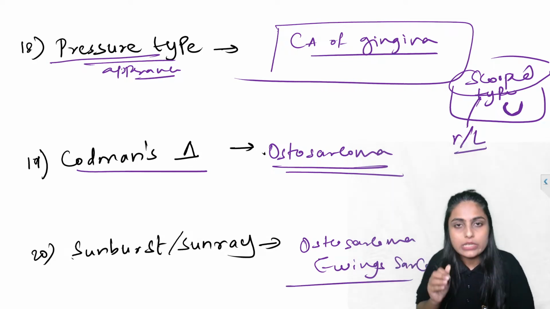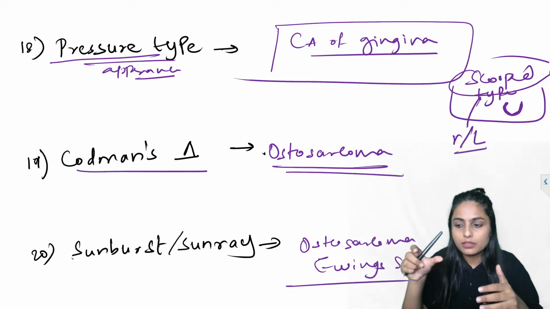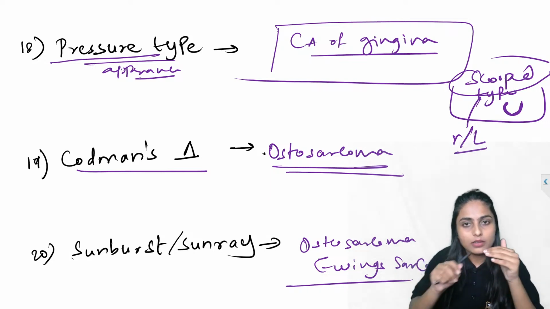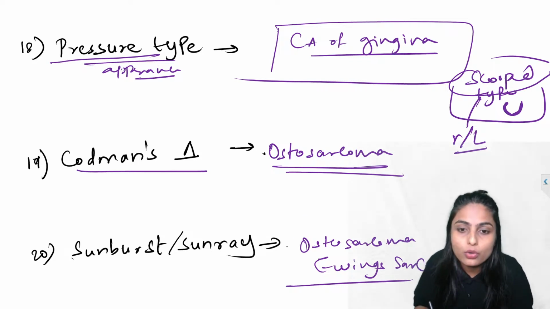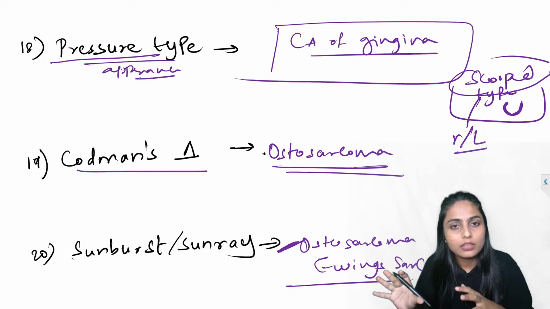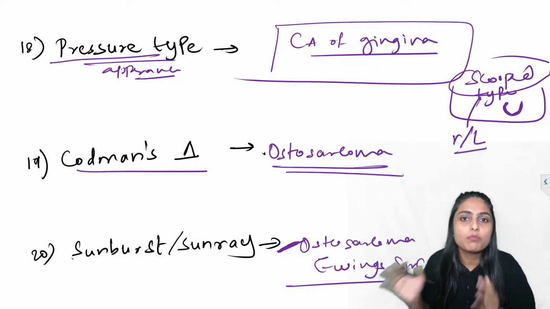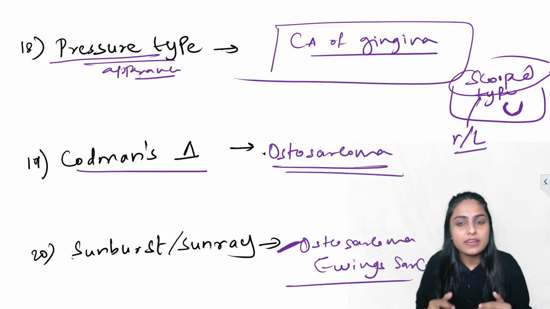The same question arises when they give a sunburst appearance and two options, osteosarcoma and Ewing sarcoma. There you have to mark osteosarcoma as a first preference. If they give both as option D, you can mark both. So these are some important appearances that you need to know and understand.